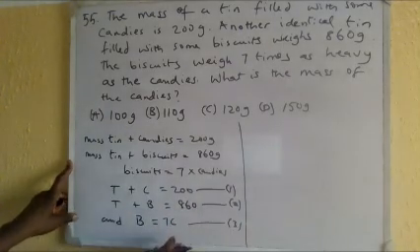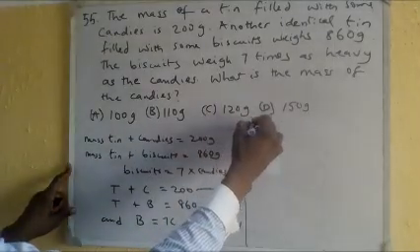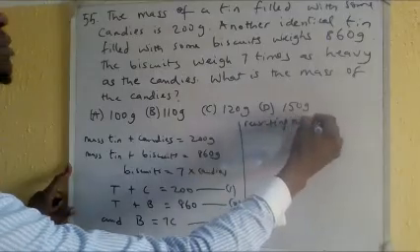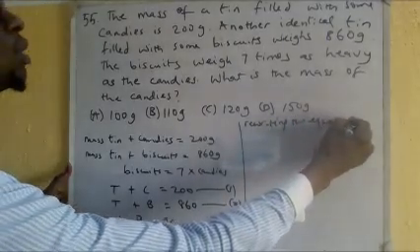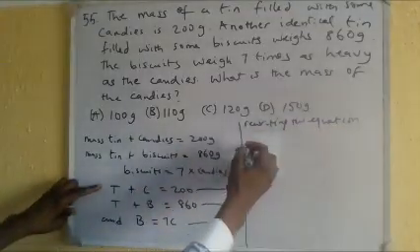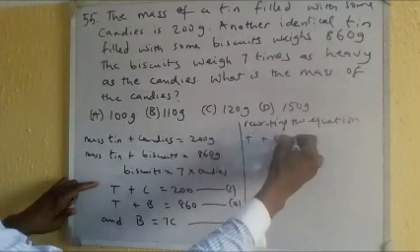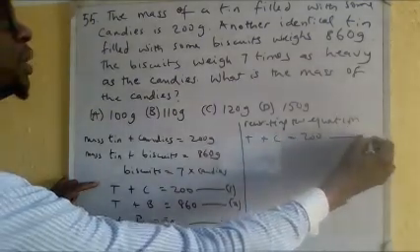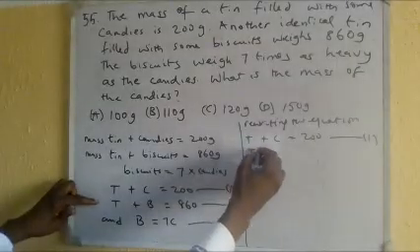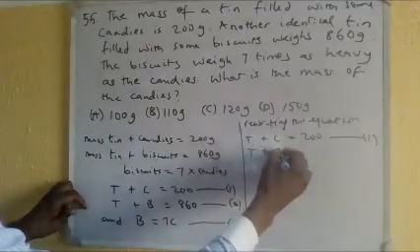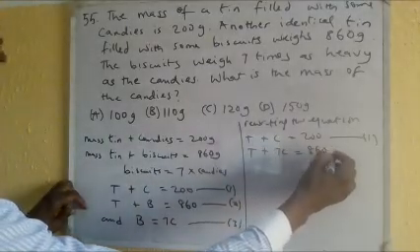So rewriting the equations again. Equation 1 will now be T plus C is equal to 200. But equation 2 is now T plus, instead of putting B, I put 7C, 7C is equal to 860, equation 2.